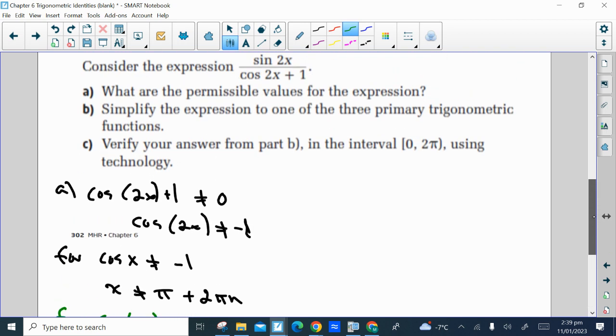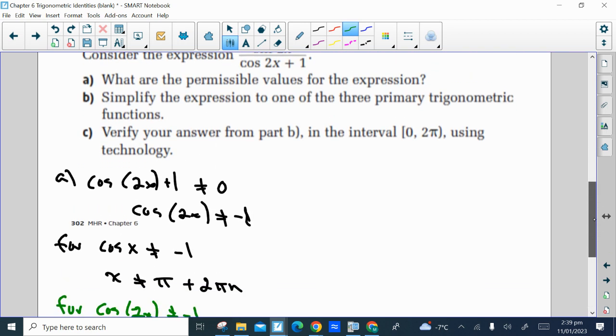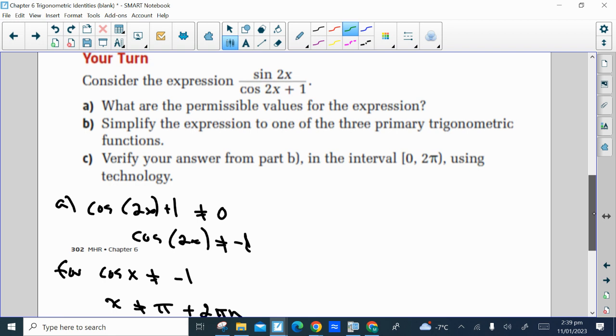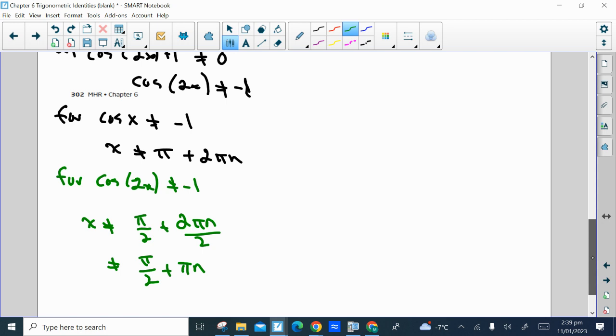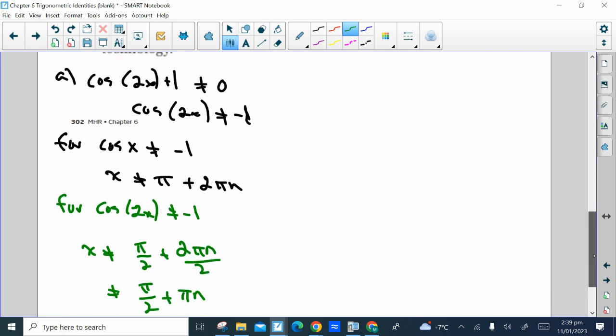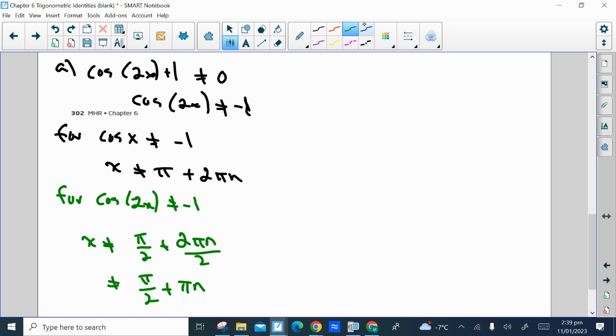And again, you could verify that by putting that expression into the calculator and going, well, not every multiple of pi on 2, but starting at pi on 2 and then pi radians away, which could either be negative pi on 2 or 3 pi on 2, you could verify that they are non-permissive values. The calculator will not give you a y value for those x values.